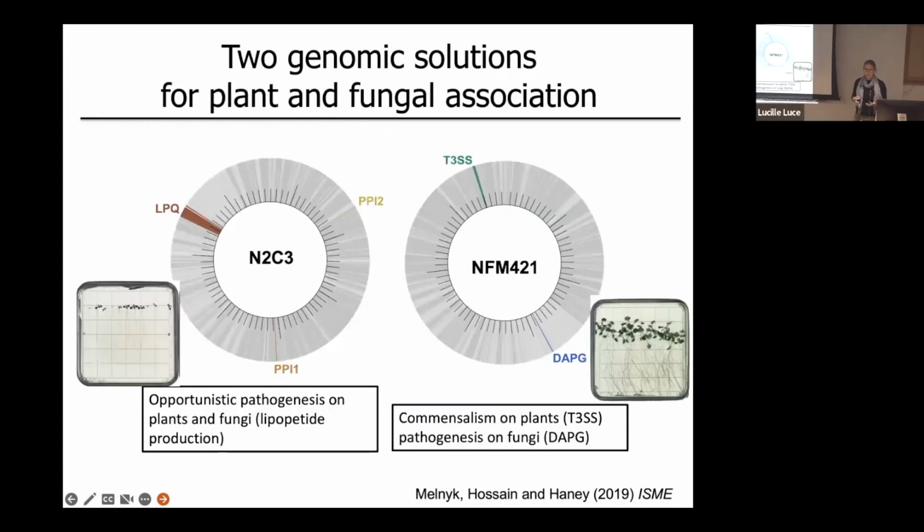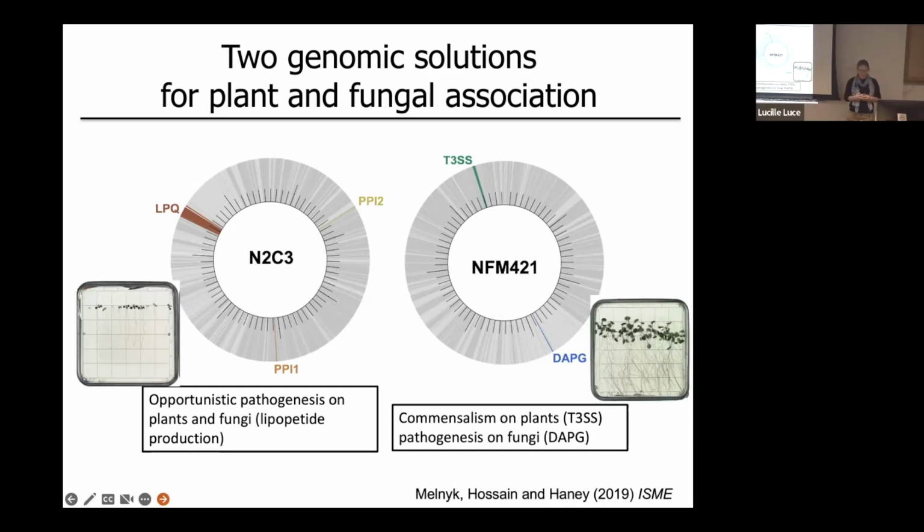And so we think that Pseudomonas has converged on two solutions for plant and actually fungal association. I didn't mention, but the syringomycin syringopeptin lipopeptide island is also antifungal. So one version is lipopeptides plus these two pathogenicity islands, and the other is type 3 secretion plus DAPG. All strains that have these end up in the same genomic location, and we have evidence that they're being gained and lost through homologous recombination.